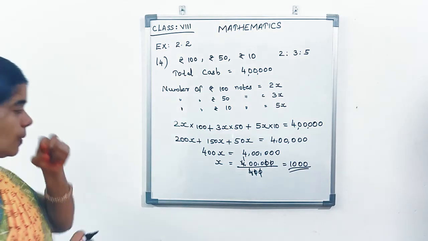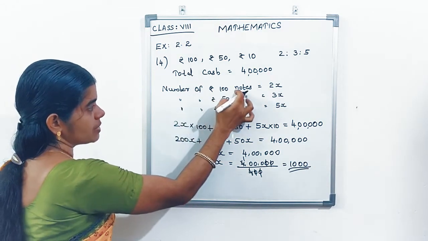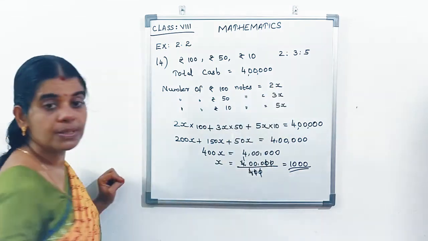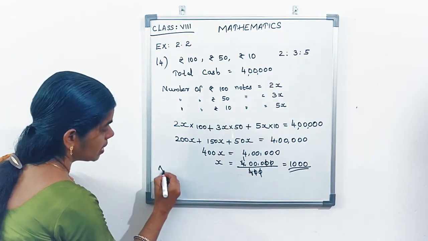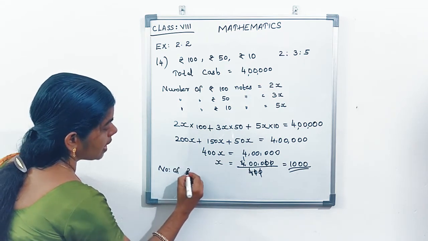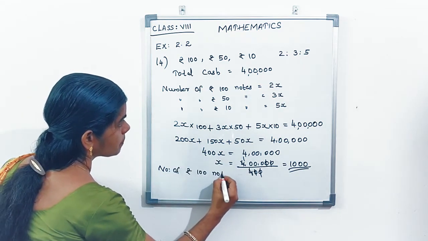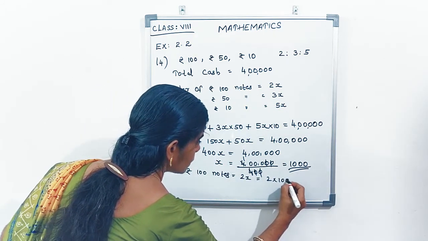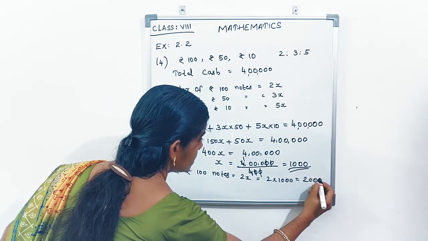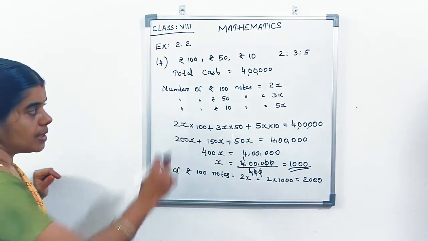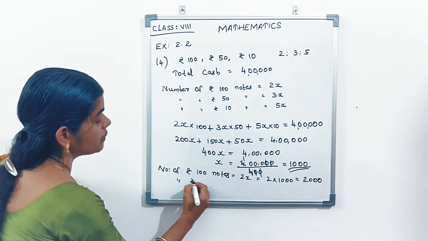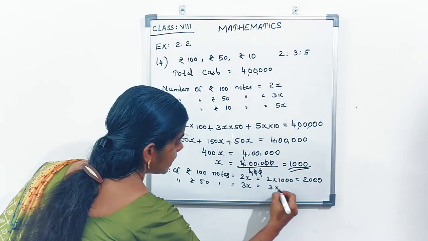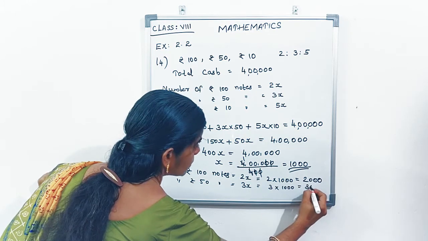Then again look, the number of 100 rupee notes is 2x. In place of x, put 1000. Then the number of 100 rupee notes is 2x, which is 2 into 1000, equal to 2000 notes. Next, the number of 50 rupee notes is 3x, which is 3 into 1000, equal to 3000 notes.